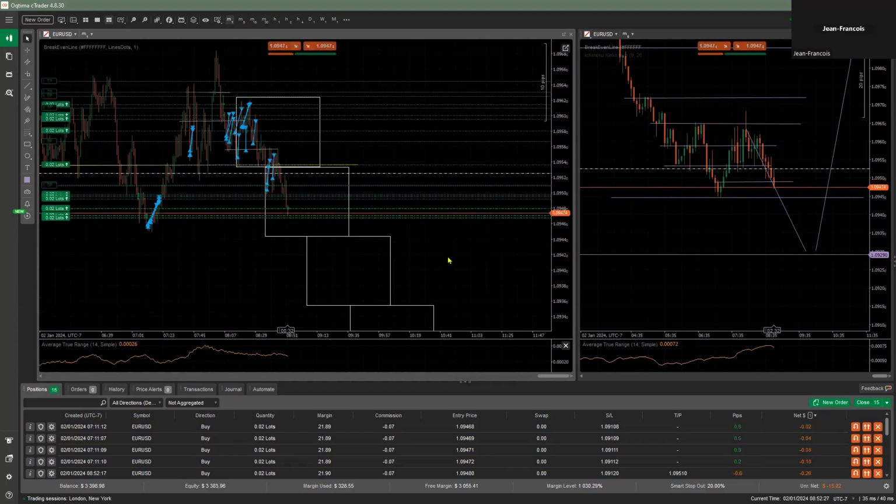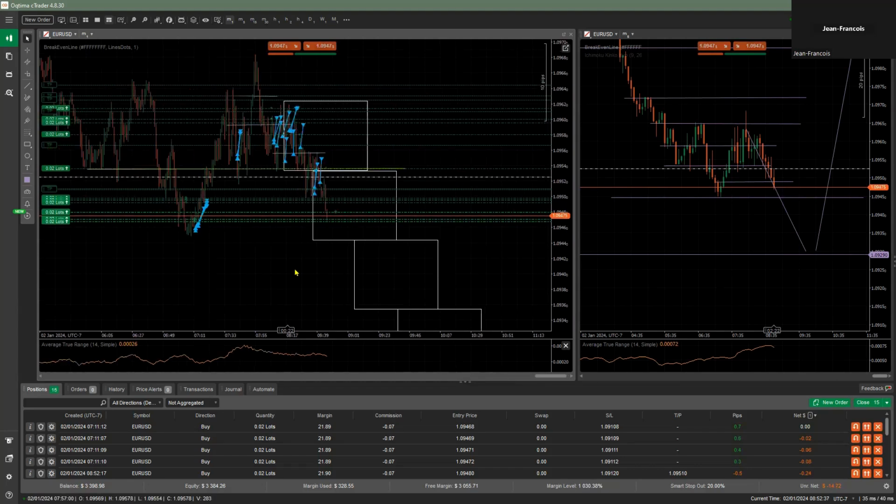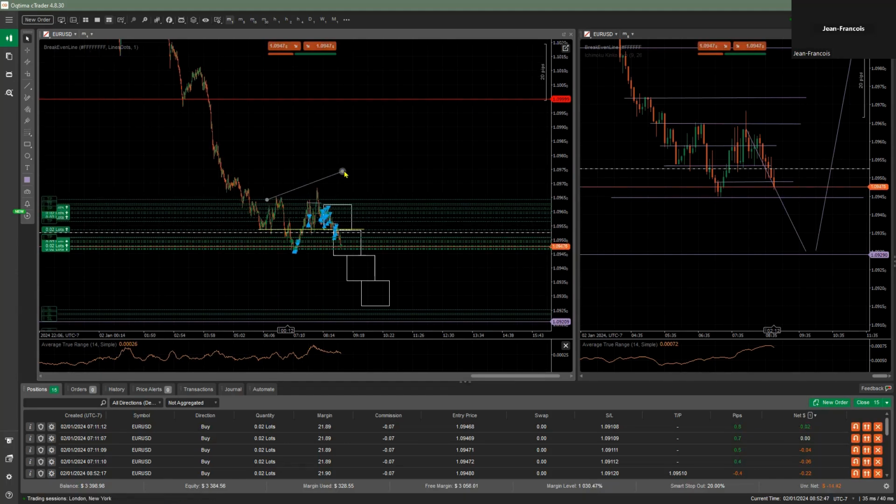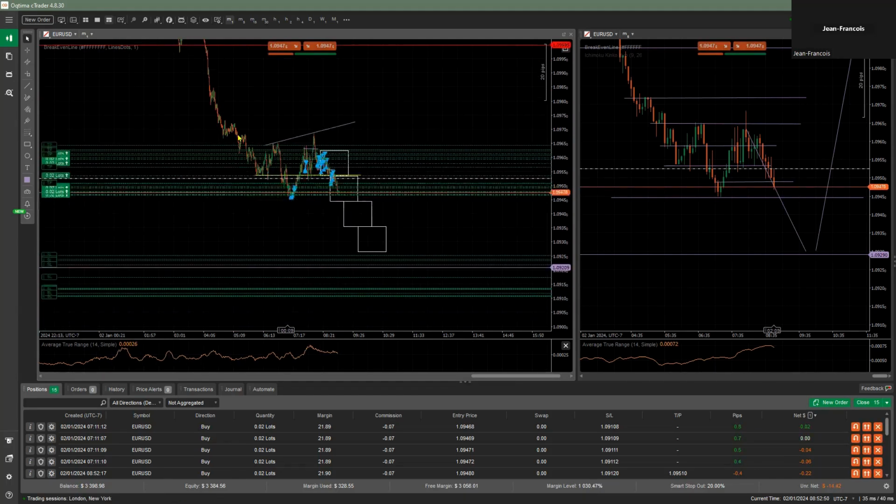We know how to do it. We understand this is a higher high. If this low does not hold, we will have an outside range. And what is an outside range? It's a trader's kryptonite. That's our worst enemy right there.